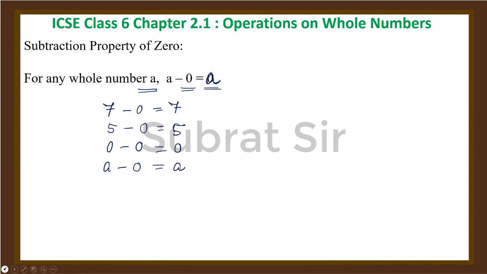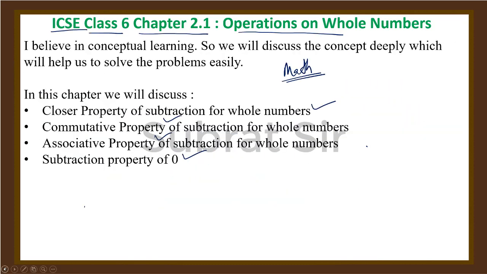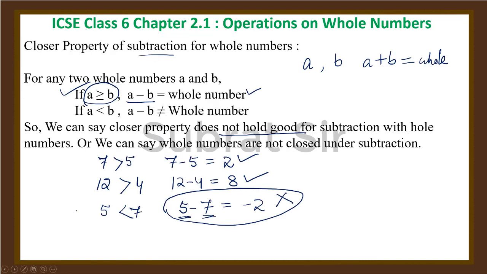So we will do a quick revision of what we discussed. First we discussed the closure property, and we came to know that closure property does not hold good for subtraction with whole numbers.